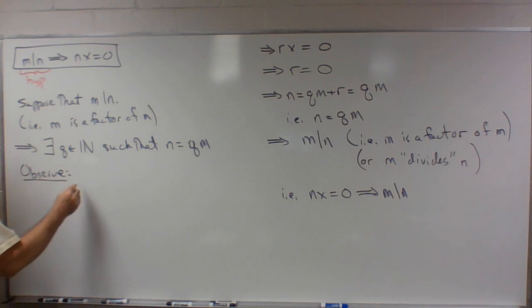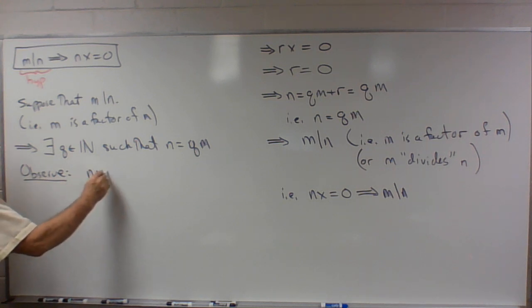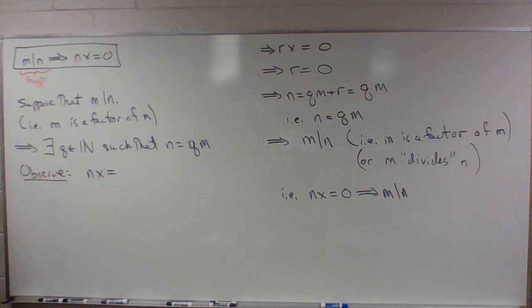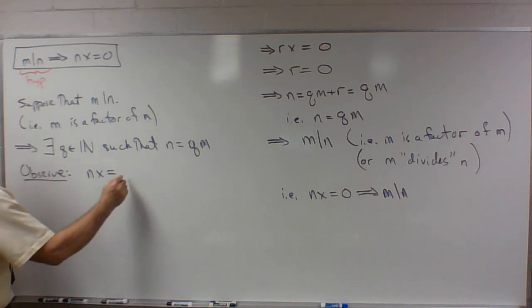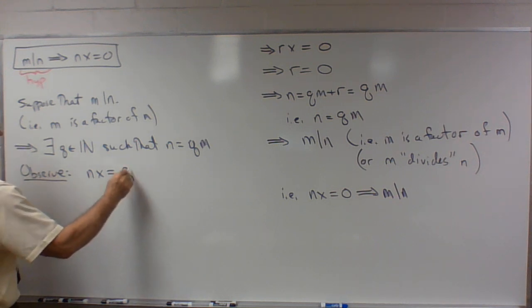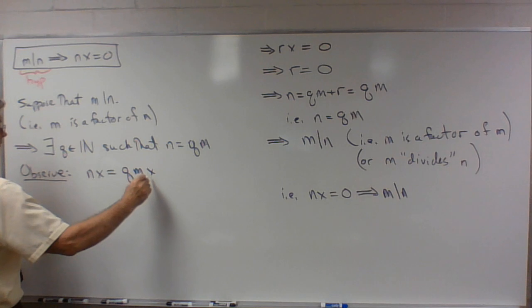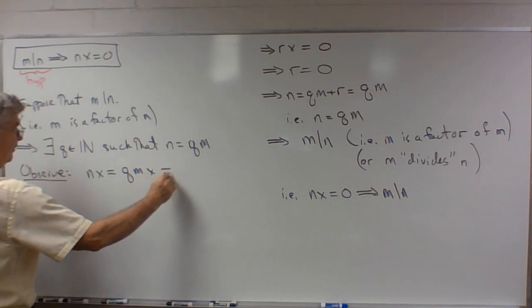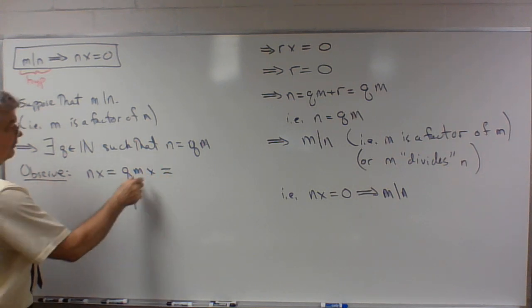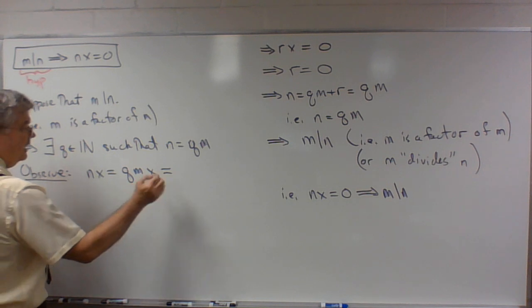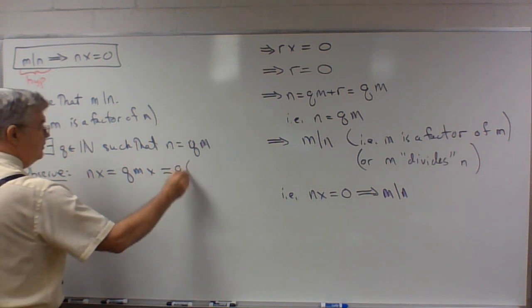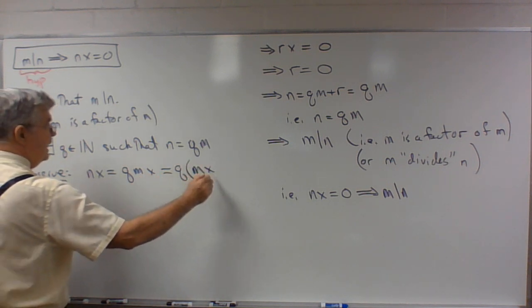And let's see what happens when we take x and multiply it by n. That's the same thing as multiplying x by qm. And we can associate m with the element x first, so we'll get q times mx.